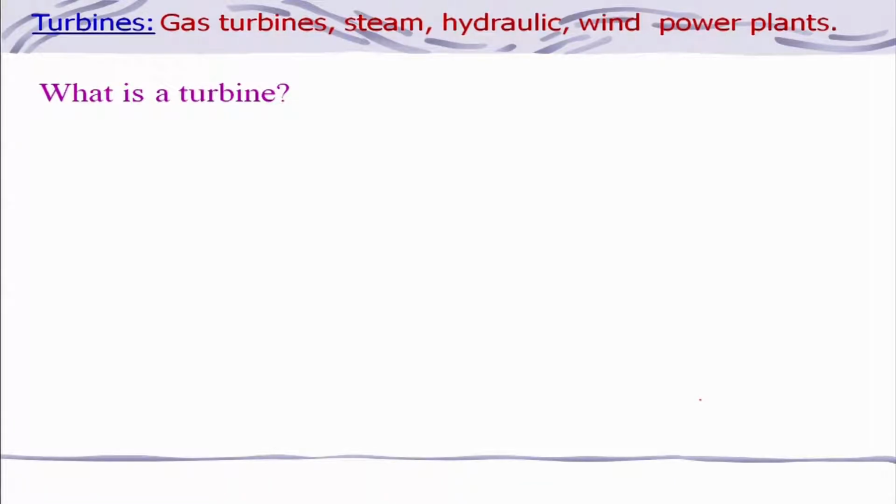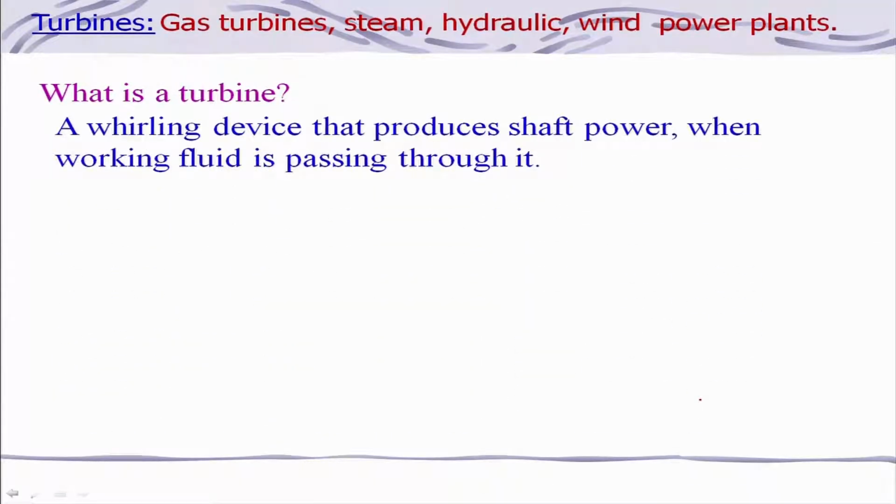And power is very important, particularly in modern life, to have a comfortable life. So, what is a turbine? A turbine is basically a rotating device that produces shaft power when the working fluid is passing through it.